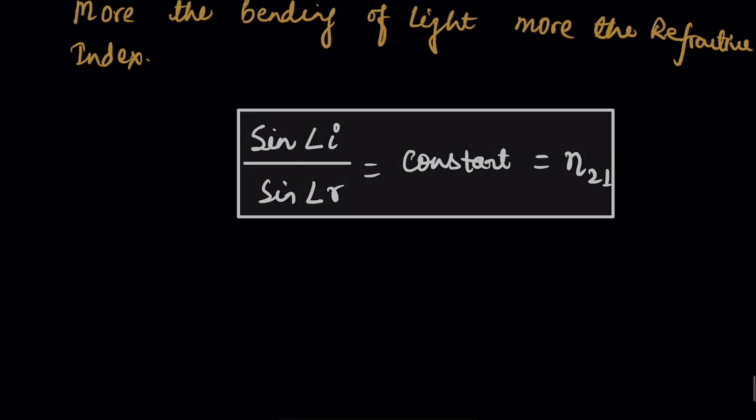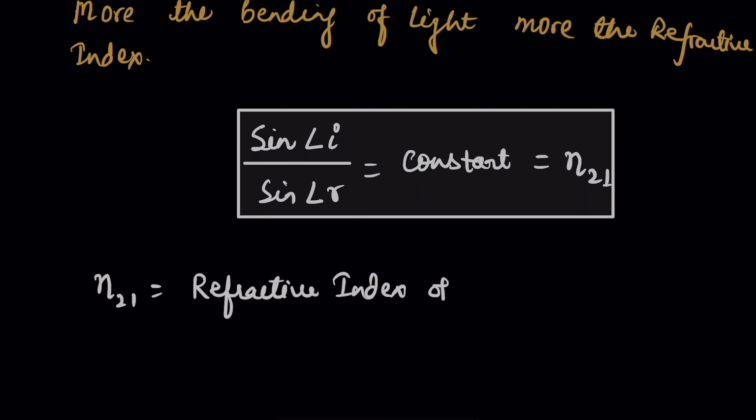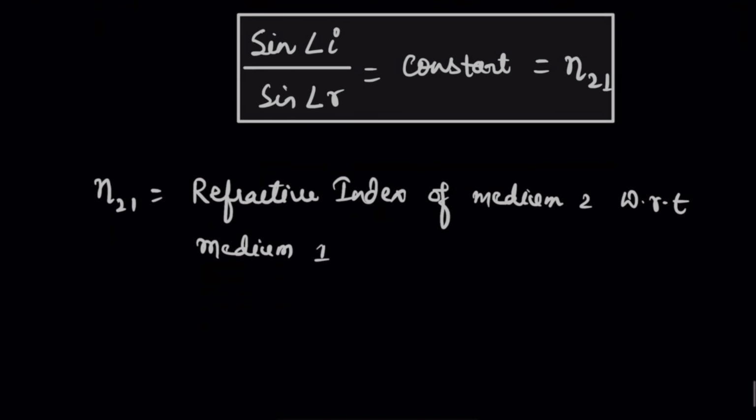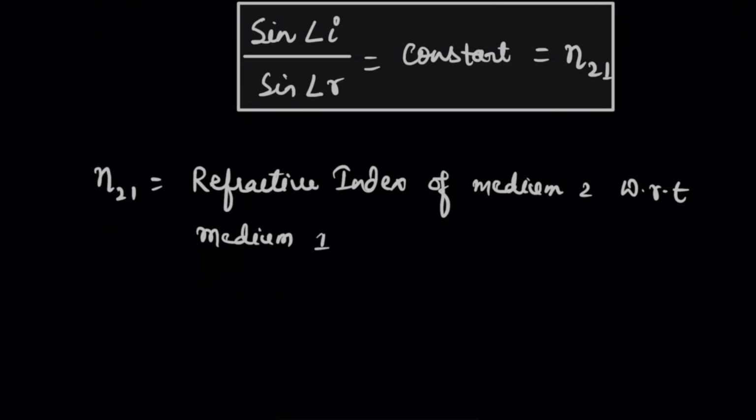And what is n21? n21 is the refractive index of medium 2 with respect to medium 1.